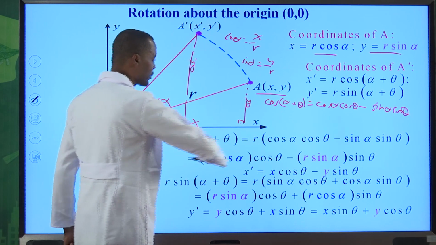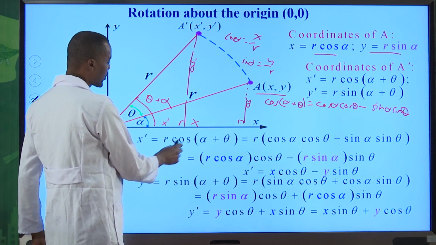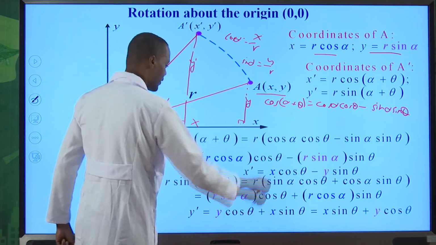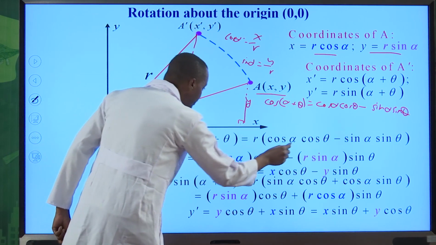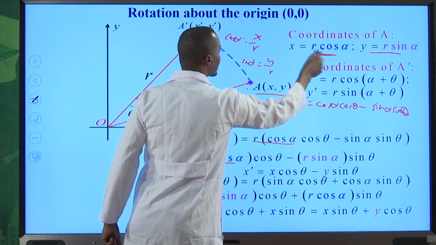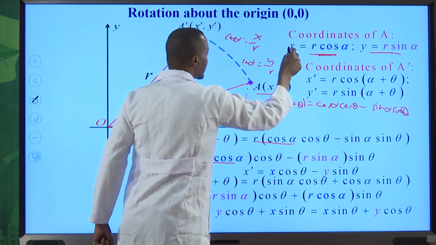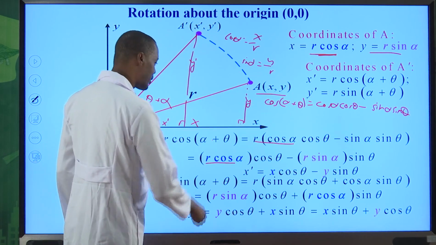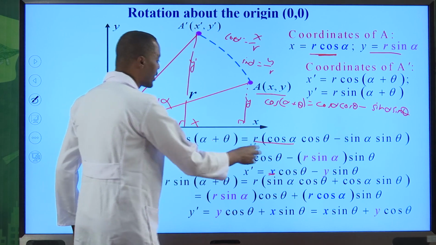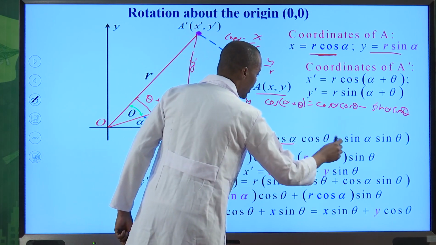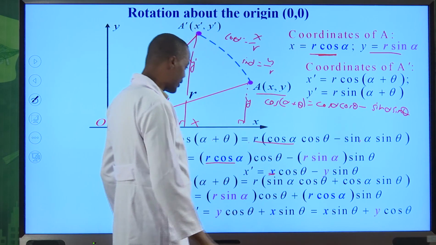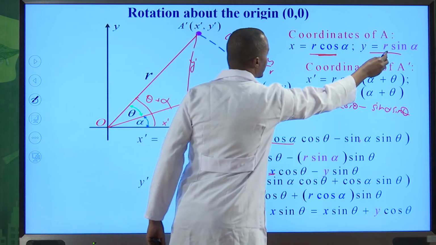And then by bringing these terms together, r cosine alpha, which we already got and wrote in blue, refers to x, so that is equal to x, minus r sine of alpha, which is written in magenta color, and will be equal to y.